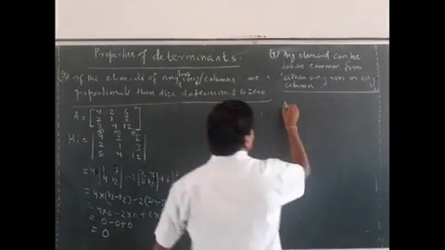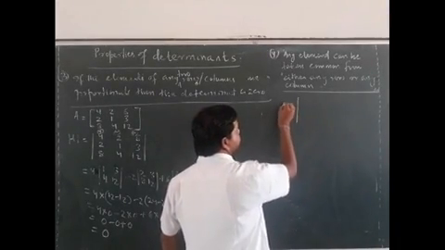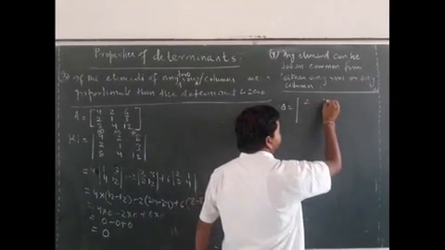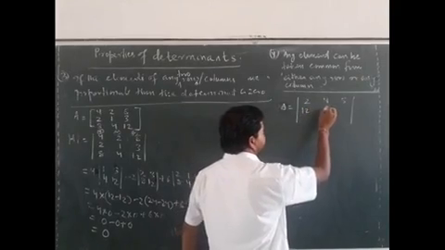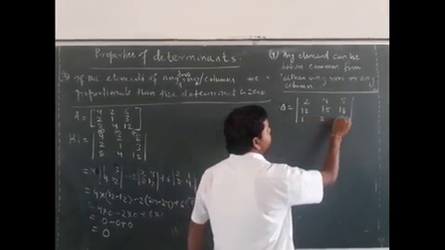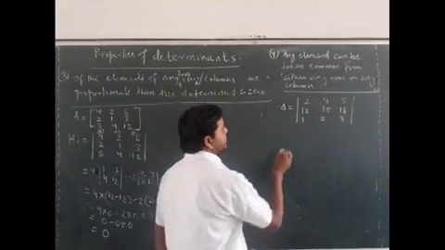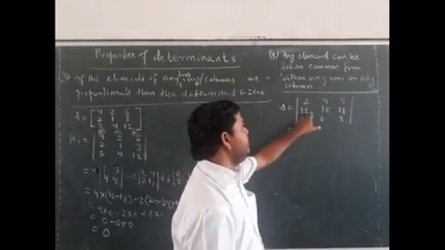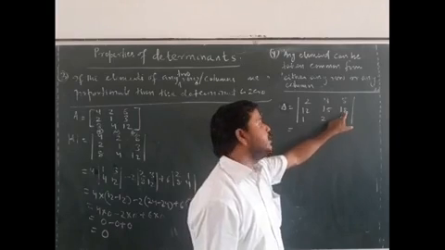See, suppose the determinant of A, I will write delta, is 2, 4, 5, then 12, 15 and 18, and then 1, 2 and 3. Look at this. Can you see in the second row, 12, 15 and 18, I can take something common. That common thing is 3.